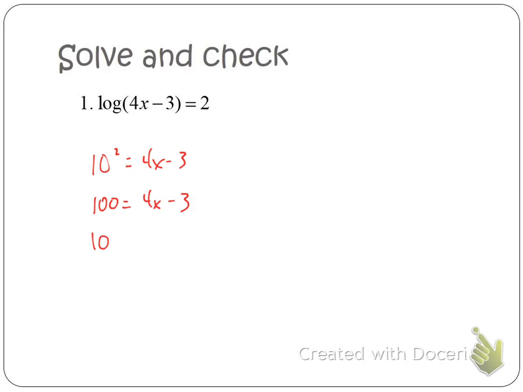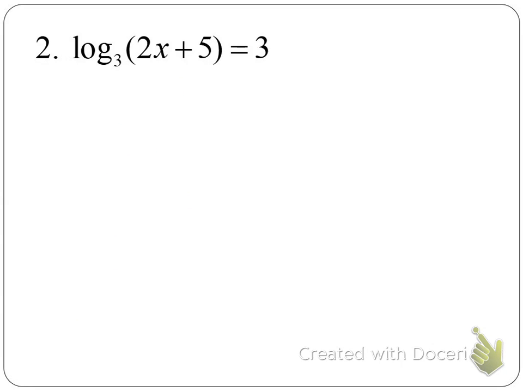Now we're going to add 3, divide by 4, and x is 103 over 4. Or if you want to divide it out and get a decimal, you certainly could do that. You get 25.75, but we do want to make sure that whatever we get for our solution does not make the logarithm negative. It won't, so we're good here, right?